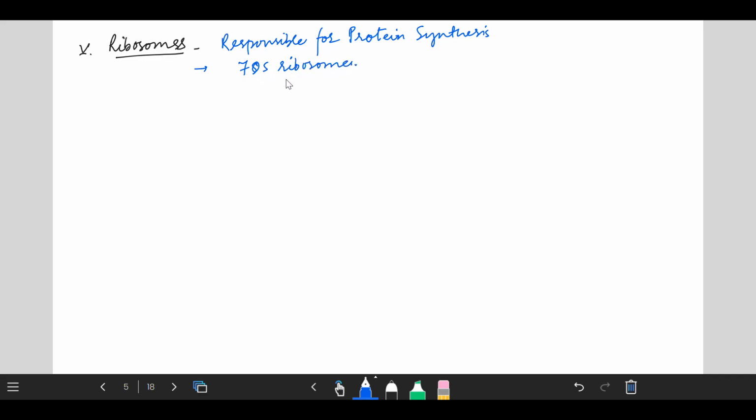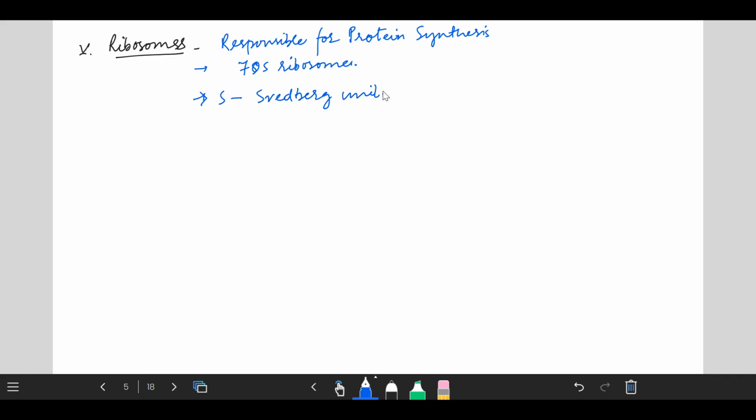What is S? S means the Svedberg unit. The Svedberg unit is a measure of sedimentation in an ultracentrifuge, which is based on the size, shape, and surface qualities of the structure being analyzed.